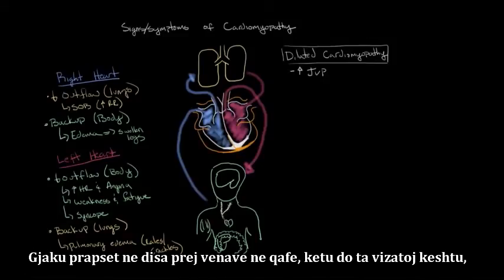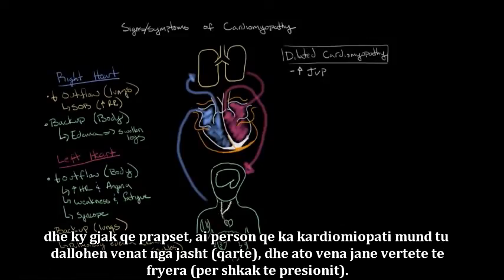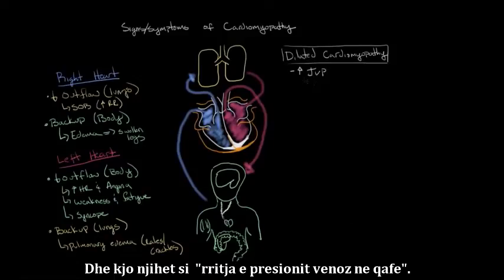We'll draw it like this, and the blood backing up, you can actually see on the outside of a person who has cardiomyopathy, and these veins are very distended, and this is known as increased jugular venous pressure.